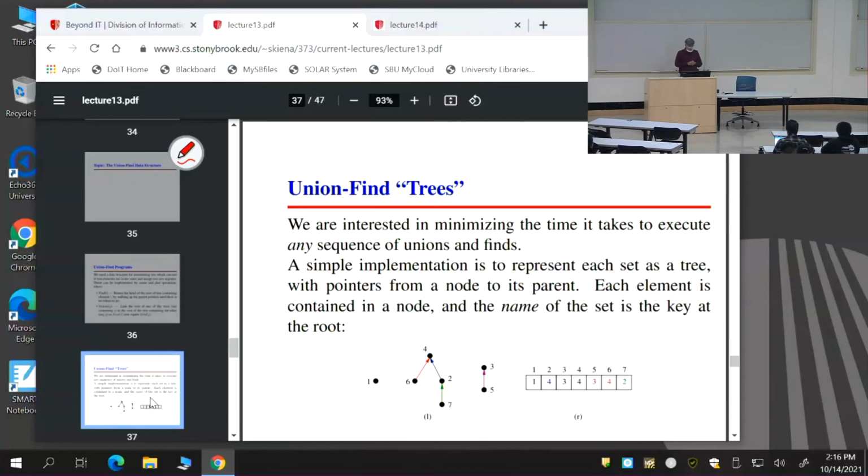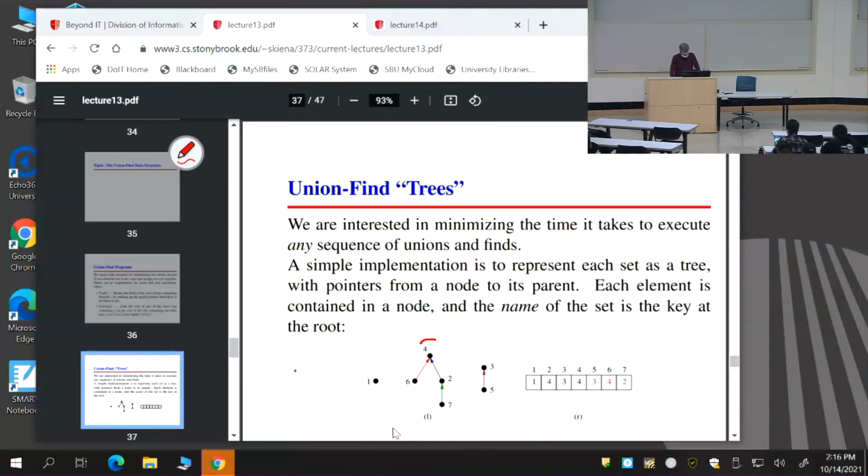I am going to represent each component of the graph by a tree where every vertex has a parent except the root of the tree. We're going to say the name of the component is the ultimate root of the tree.